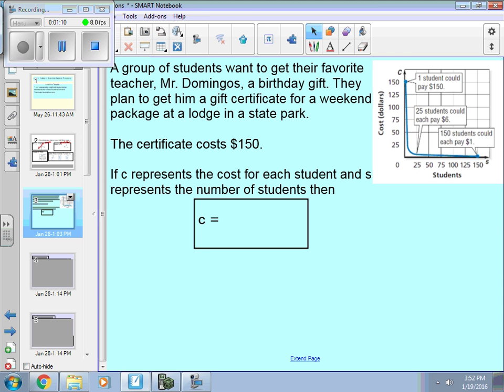This first word problem says a group of students want to get their favorite teacher, Mr. Domingos, a birthday gift. They plan to get him a gift certificate for a weekend package to a lodge at a state park. The certificate costs $150.